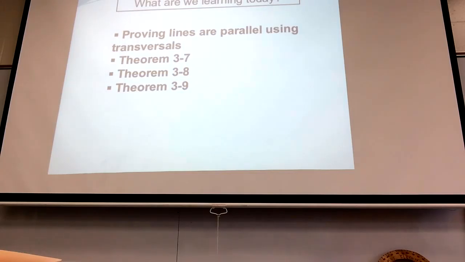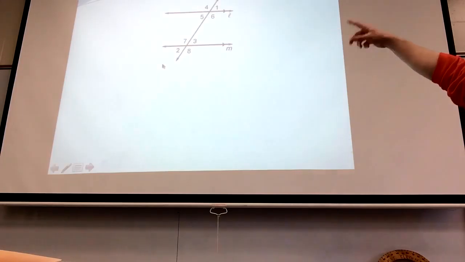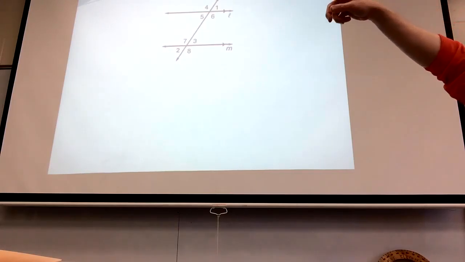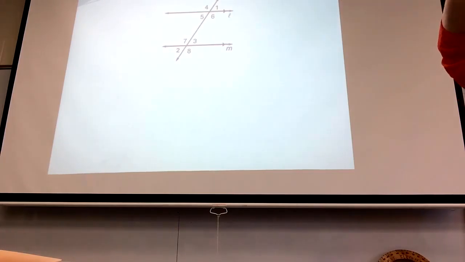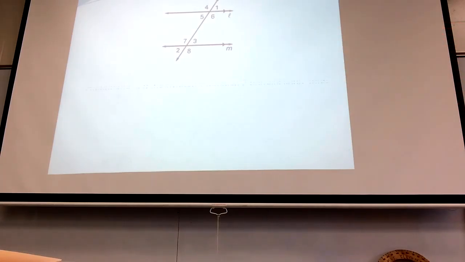So, just to remind you, the stuff from yesterday was, if you've got a transversal, the line going up and down would still be your transversal. And if L and M, the two lines up there, were parallel, all the properties that we pointed out yesterday would apply.